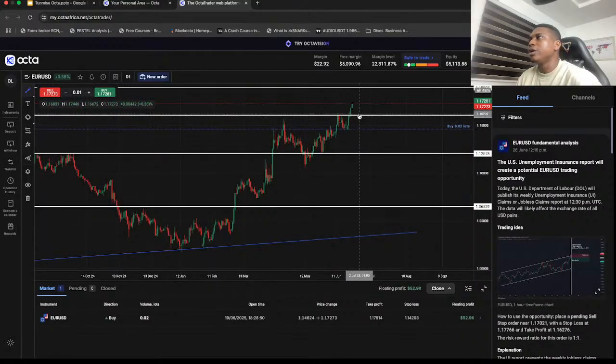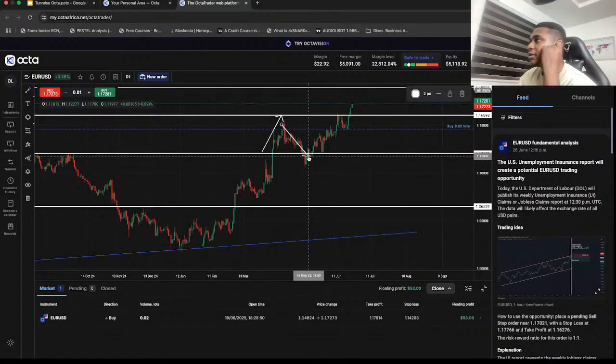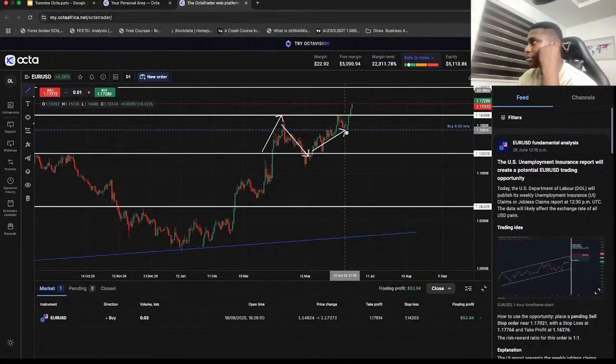So you can see that price moved up here, then after this breakout pushed back. From here price picked up to this level.